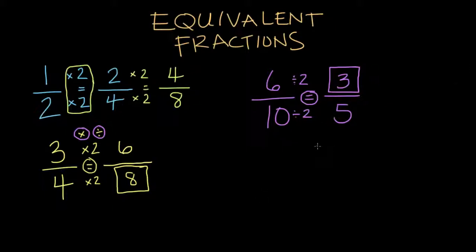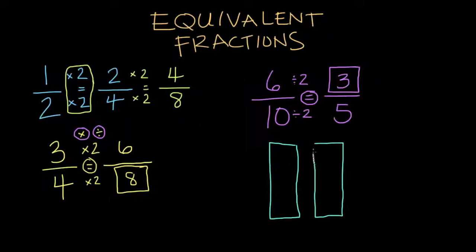Let me show you that just in case you don't believe me. Boy, what's an easy one to show it with? I can probably try it with 10ths and 5ths. Let's take a rectangle and a rectangle. You're going to have to trust me that those are about the same size. Let's divide them in half. Oh, no, that's not going to work.